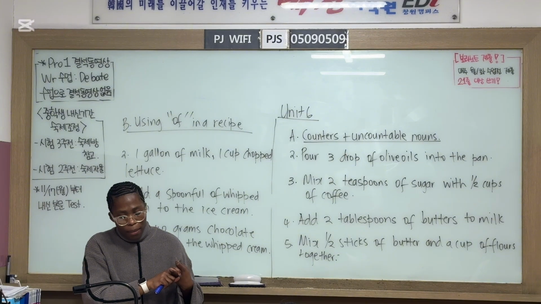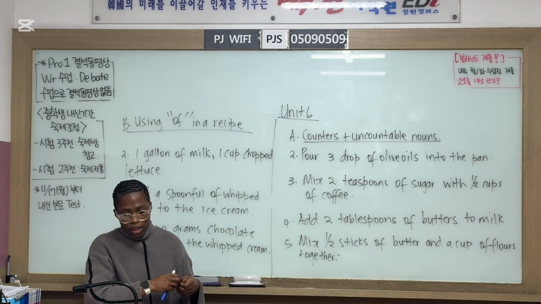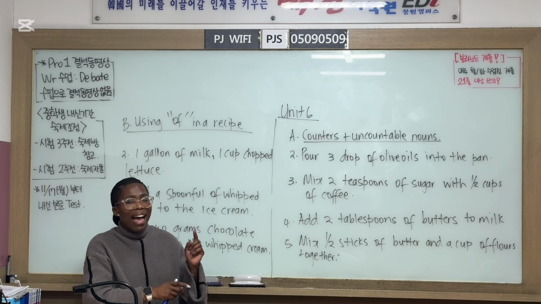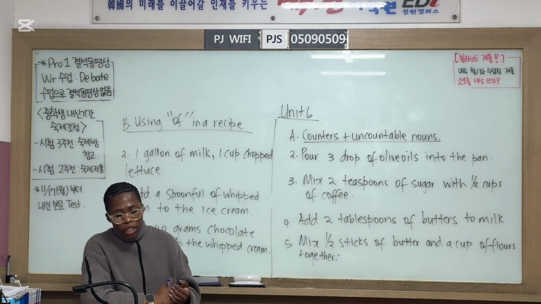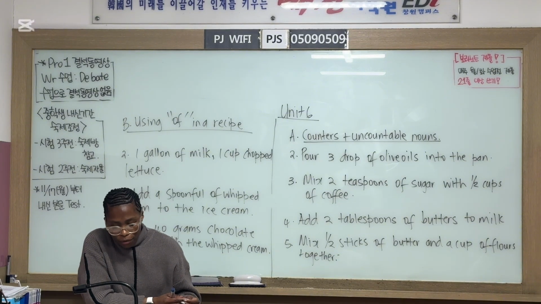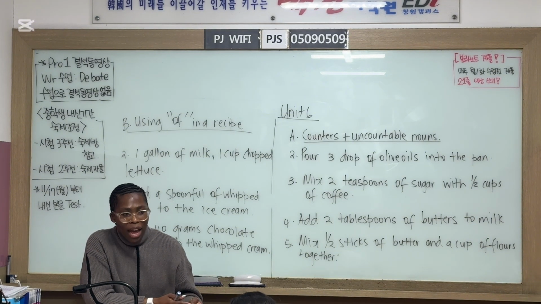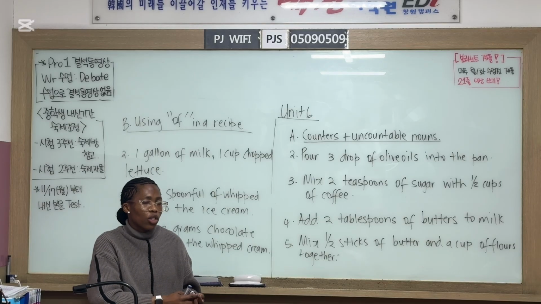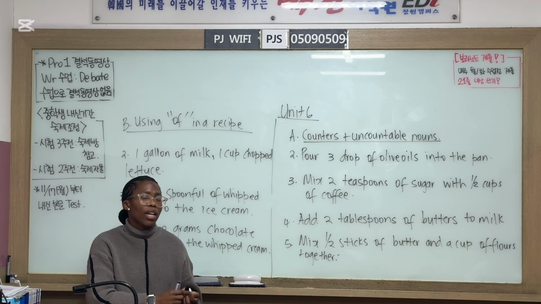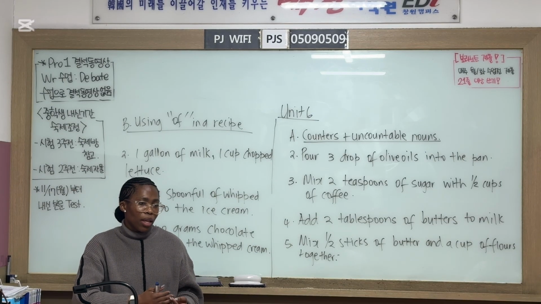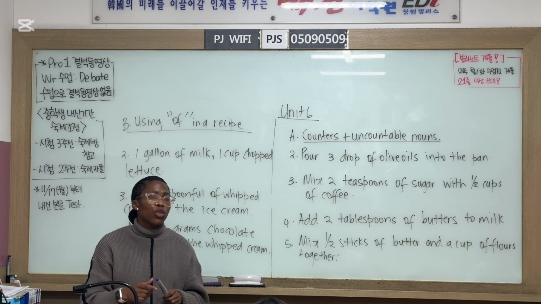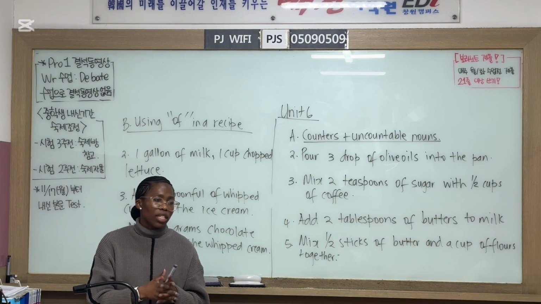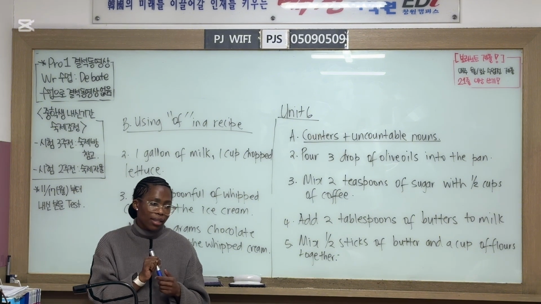Counters can be made into plural forms, but counters under 1 cannot be plural. So we need to know when to use singular and plural. If it's a half, then we cannot use a plural because it's not many, it's just a half. So we cannot add s.